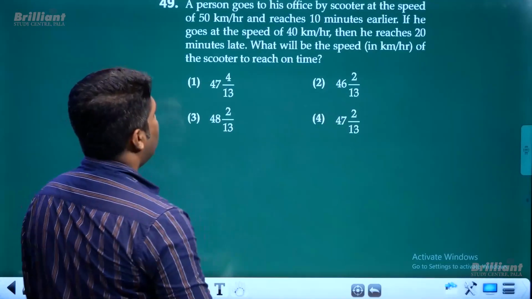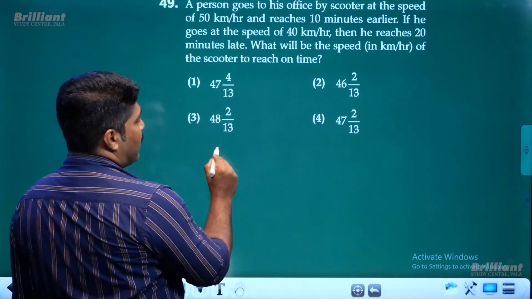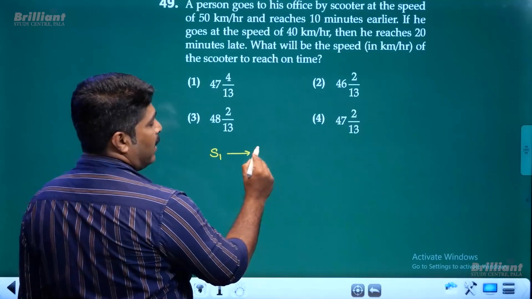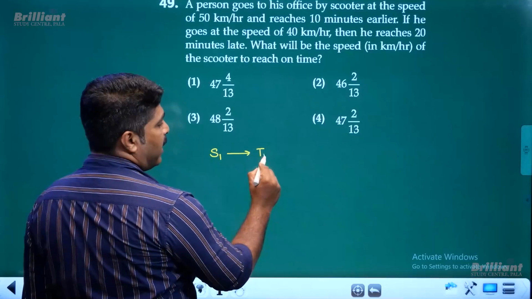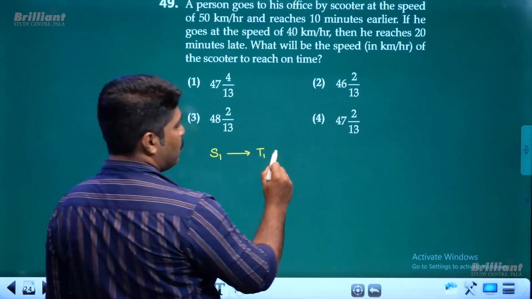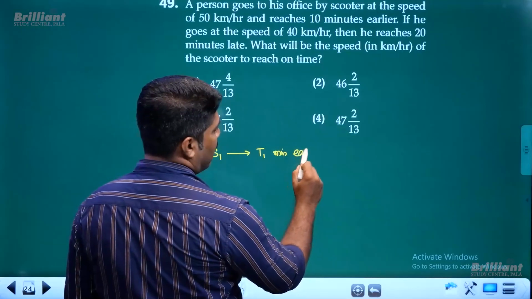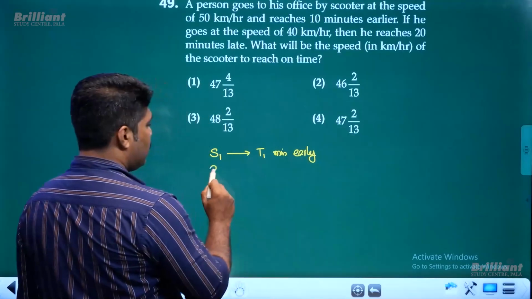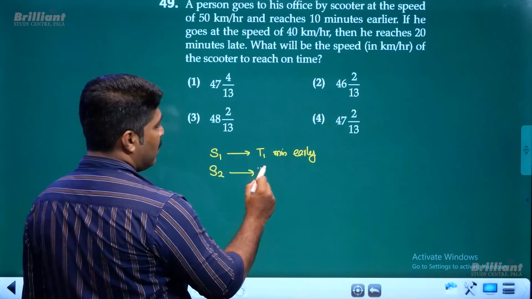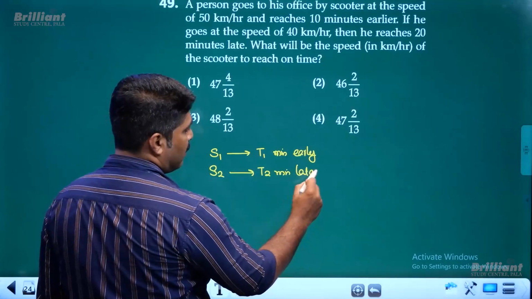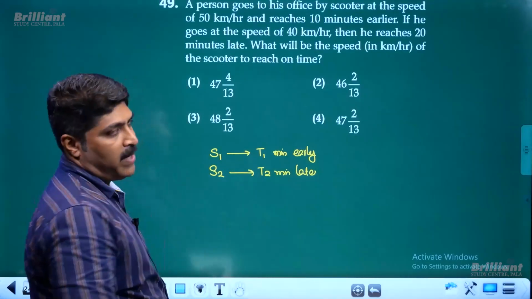If a person is traveling at S1 kilometer per hour, he is early by T1 minutes, and at S2 kilometer per hour, he is T2 minutes late. So then we can apply it.